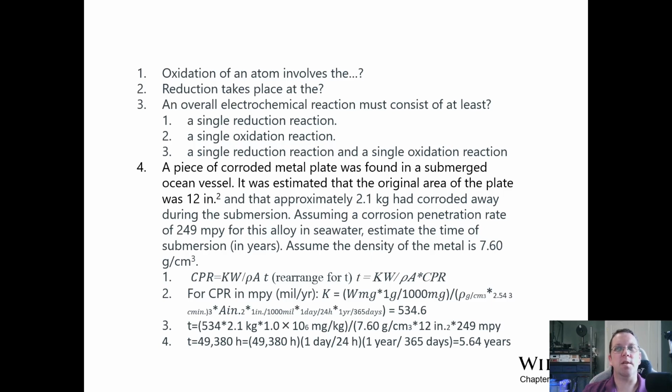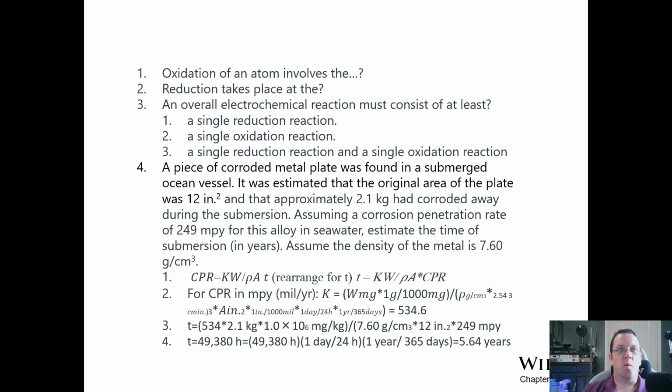So that's what they think the original weight was. It had corroded away during the submersion. So assuming a corrosion penetration rate of 249 mils per year, thousandths of an inch per year, for this alloy in seawater, estimate the time of submersion in years. Assume the density of the metal is 7.6 grams per cubic centimeter.